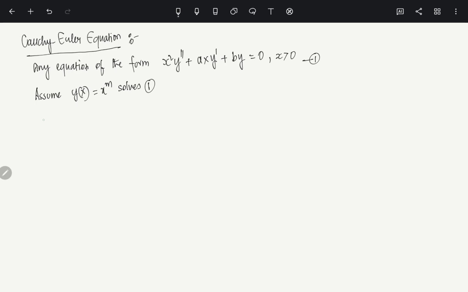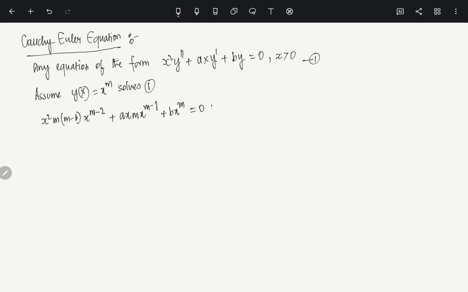Once you put them in, you are going to get x square m(m minus 1) x power m minus 2 plus a x m x power m minus 1 plus b x power m, equals 0.